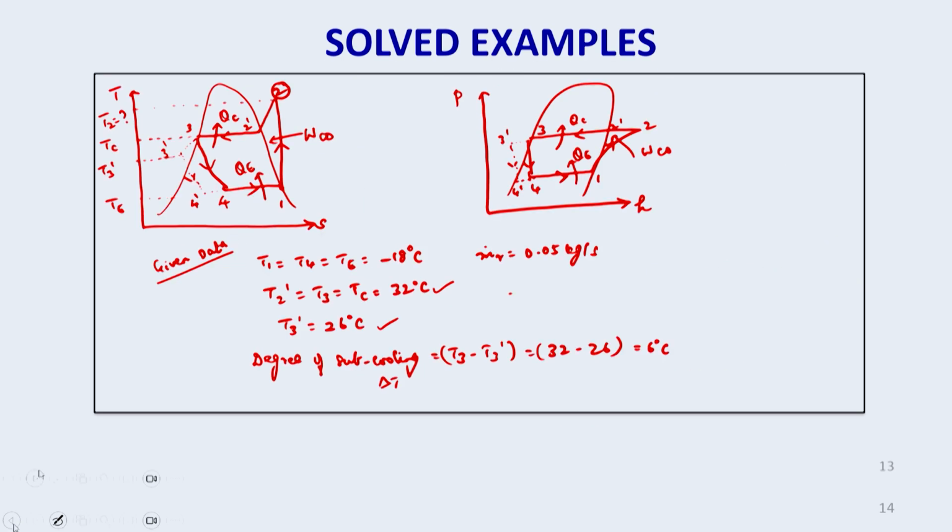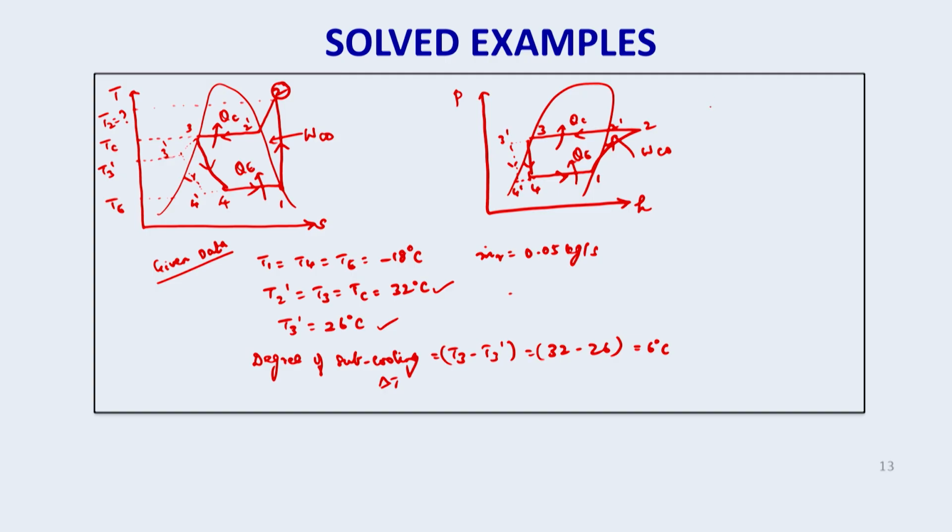If you look at the p-h diagram, 3 to 4 is an expansion process, isenthalpic process without subcooling, and 3 dash to 4 dash is an isenthalpic process with subcooling. So let me write it here.